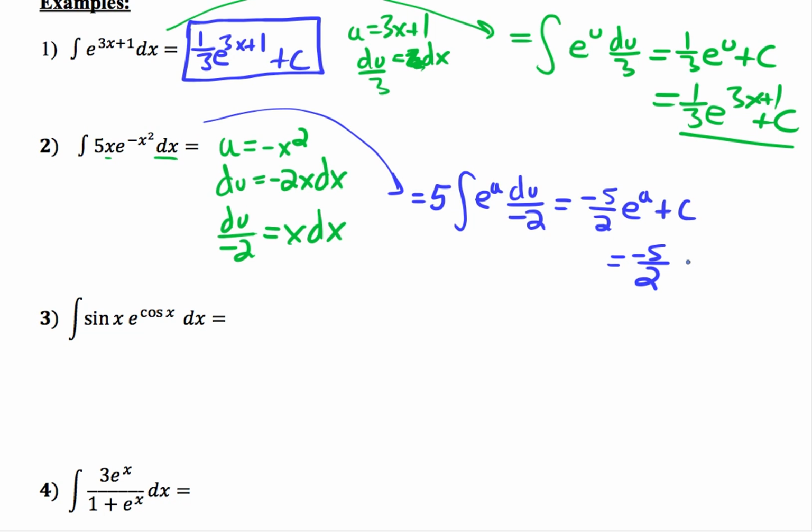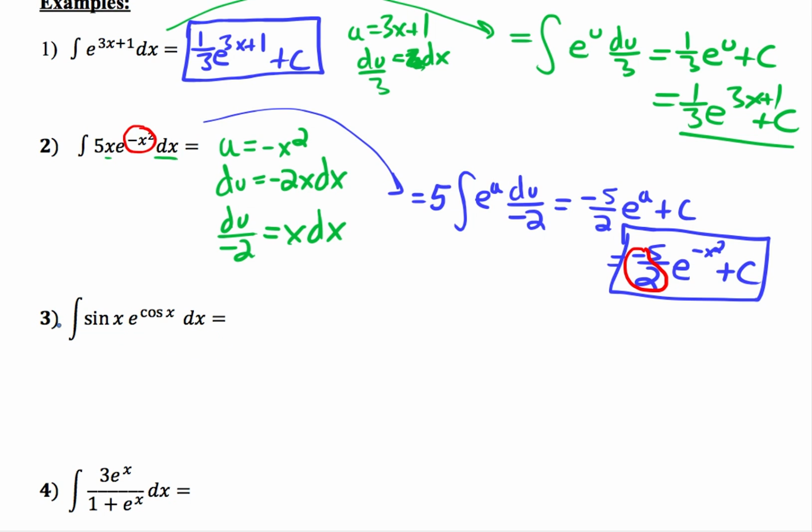So that's going to be e to the negative x squared plus c. So if you're thinking Zen method, you just think, okay, I'm going to have times negative 2x. I've already got my x, so I just need to divide by negative 2 to get rid of that, and you could get the answer straight away.